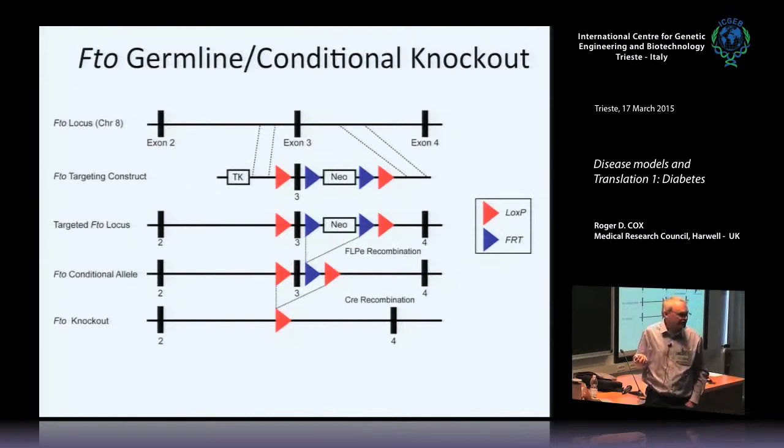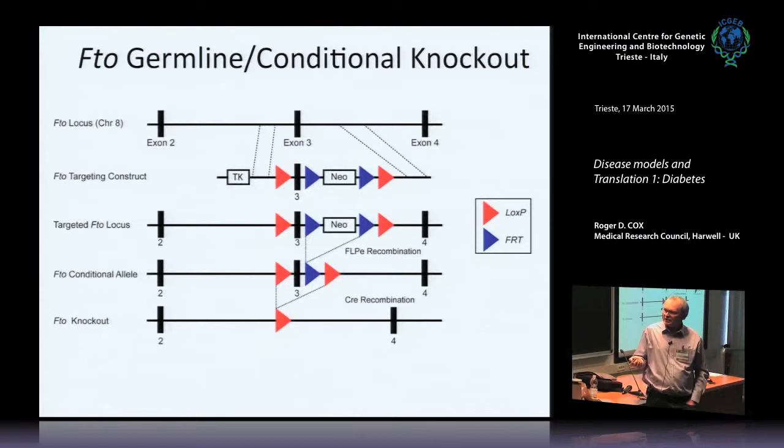In making these constructs in ES cells, he had to use a selectable marker, which is here, neomycin, and that's flanked by some FRT sites. So once he'd made the cells and made the line and got the mice, he removed that selection cassette, which was necessary in the targeting steps, but we don't really want it there in the subsequent experiments.